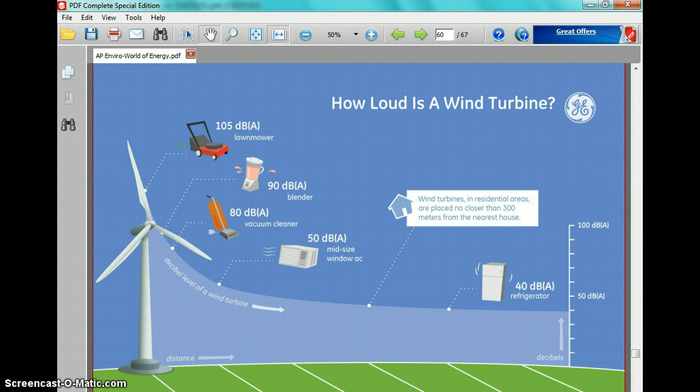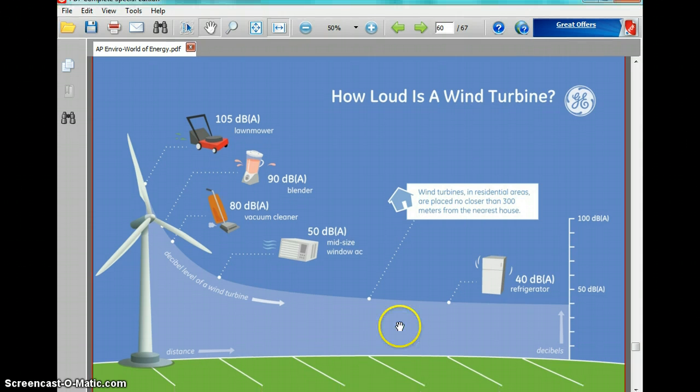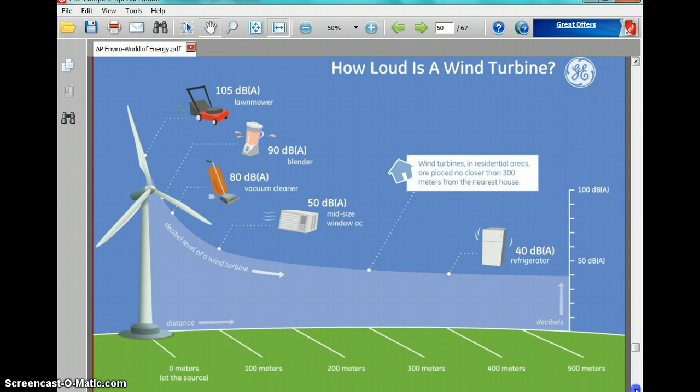One of the quote-unquote myths about the wind turbine is how loud it is. But in actuality, a lawnmower is louder than a wind turbine. It's about the size of a blender, and that's if you're standing right next to it. If you're standing 500 meters away, it'll only sound as much as your refrigerator. You know, they say that, but realistically, how many wind turbines are there in a wind farm?